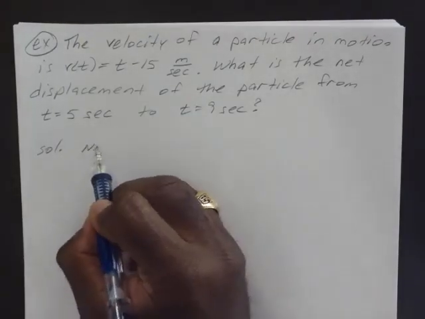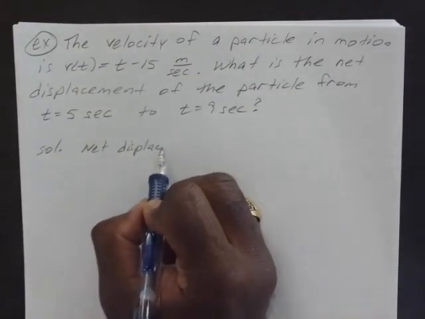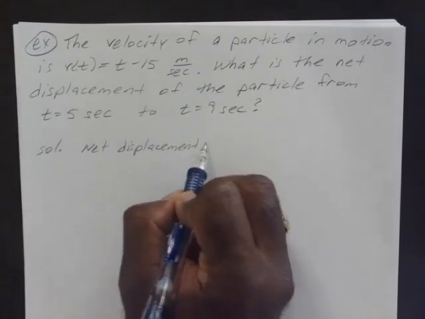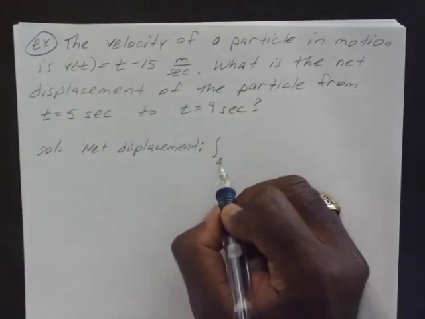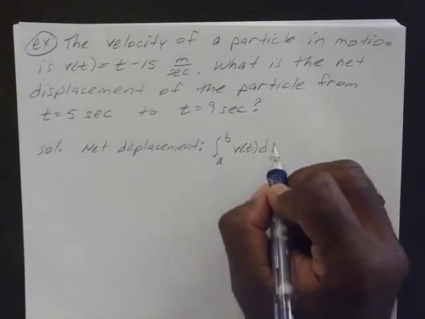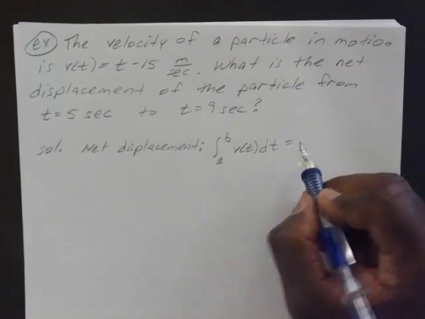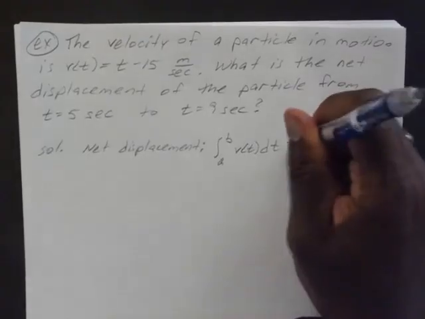So we know that our net displacement is just the integral from a to b of our velocity function with respect to t, which is equal to f of b minus f of a.